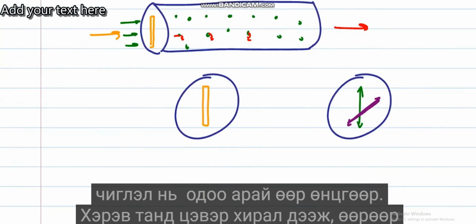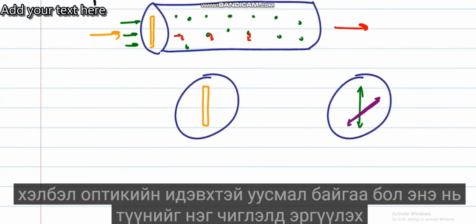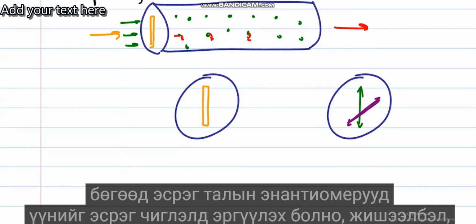When you have a pure chiral sample, meaning a solution that is optically active, it's going to turn the light in one direction or the other, where enantiomers, being opposite, are going to turn it in opposite directions.